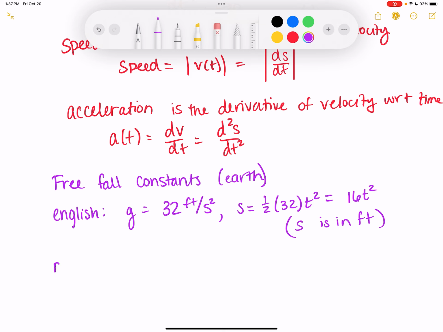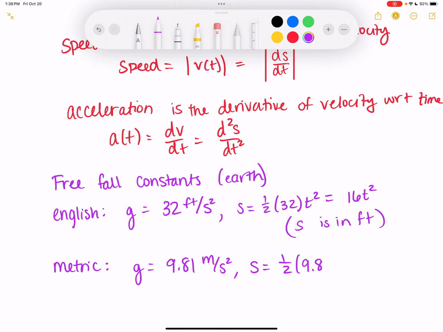And then in metric, which is what we've been doing in physics class, g is equal to 9.81 meters per second squared. The position function for that is S is equal to 1/2 times 9.81.